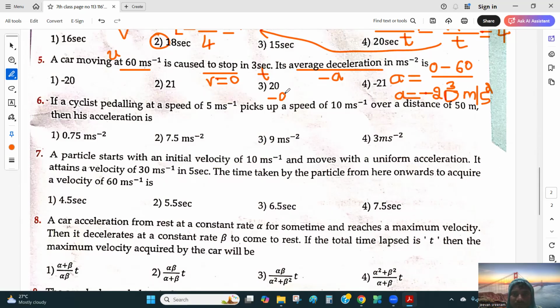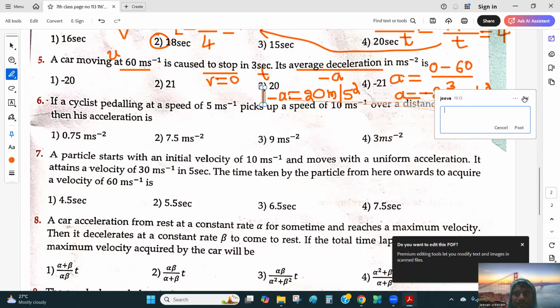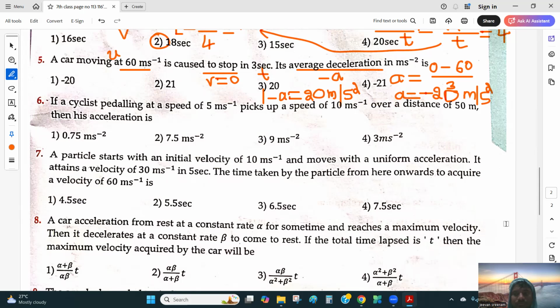So a is minus 20, which means minus a is 20 meter per second square. So the deceleration is 20 meter per second square. The right answer is here.